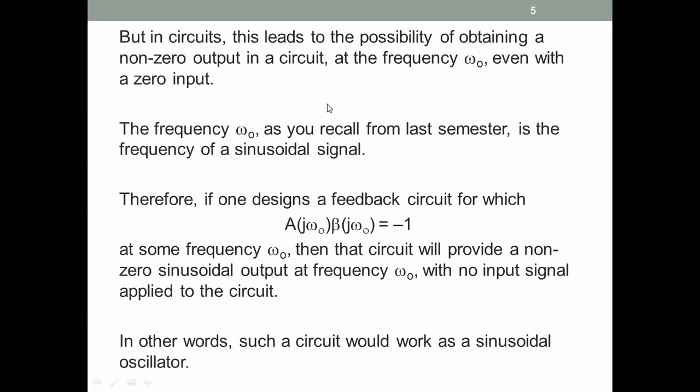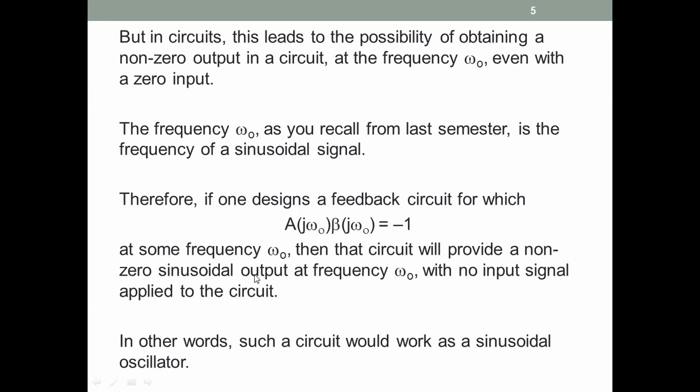And now you recall from last semester that when we are talking about the frequency omega 0, there is an implicit assumption that this is the frequency of a sinusoidal signal. That comes from our theory of last semester. So if we design a feedback circuit where this condition is satisfied at some frequency omega 0, then that circuit will provide an output at that frequency omega 0.